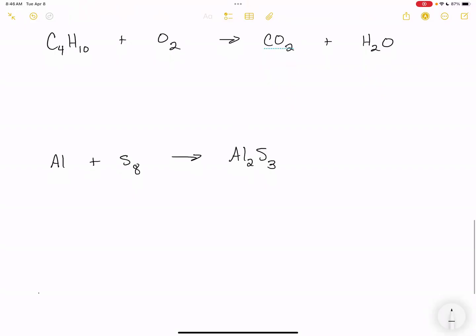And Rb plus RbNO3 goes to form Rb2O plus N2.